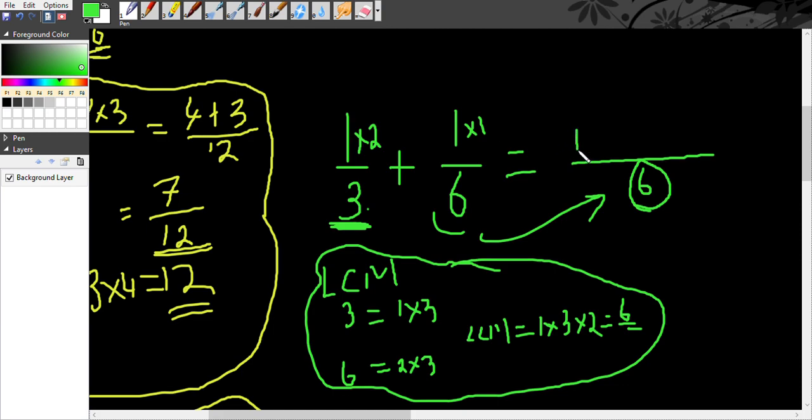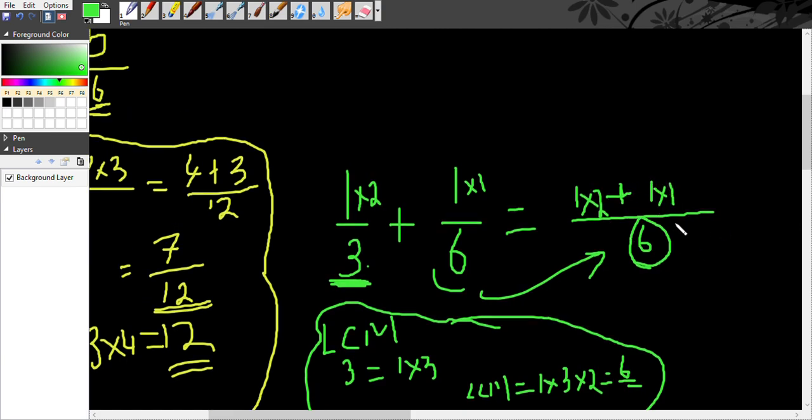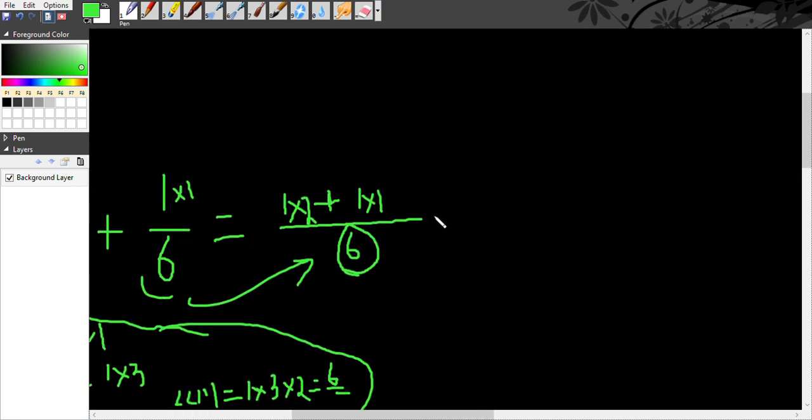So we just bring this down here, 1 times 2 plus 1 times 1. So 1 times 2 is 2, plus 1 times 1 is 1, all over 6. The sum of 2 plus 1 gives us 3 over 6.